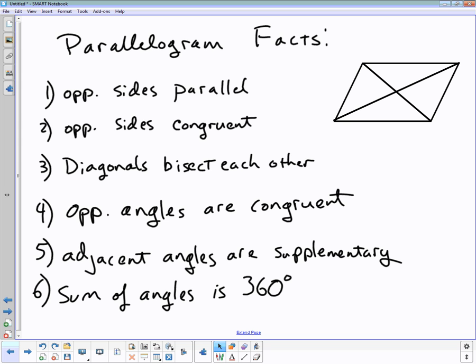Which means, this is important, you should listen to this: squares, rectangles, and rhombi, since they are parallelograms, they have all of these properties too. Okay?